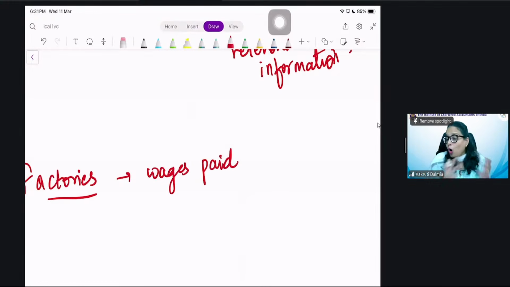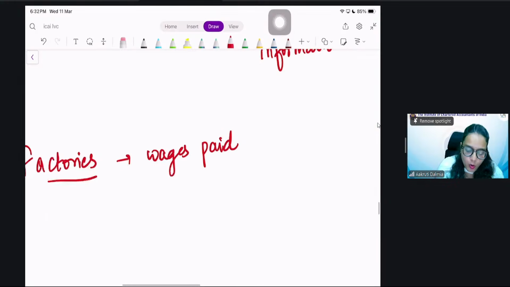Now, there are a lot of wages paid, and it is not possible sometimes to check each and every wage. And sometimes the workers are also seasonal workers. There are day-to-day laborers whom you cannot find or trace, and you cannot call and send external confirmation. So there are some wages paid. So what is the analysis that we can do here?